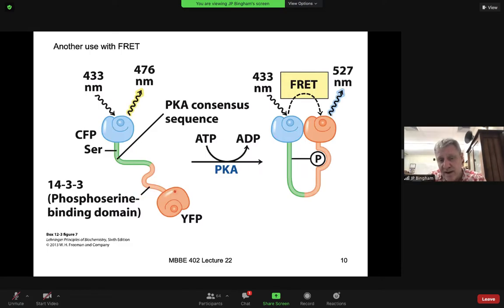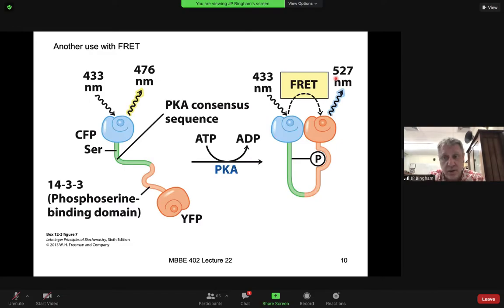With that interaction, we move the YFP into close proximity to the CFP, giving us the capacity to produce FRET, where we'll see a change in the fluorescence emission: we're stimulating at 433 nanometers, and now getting an energy transfer to see an emission at 527.